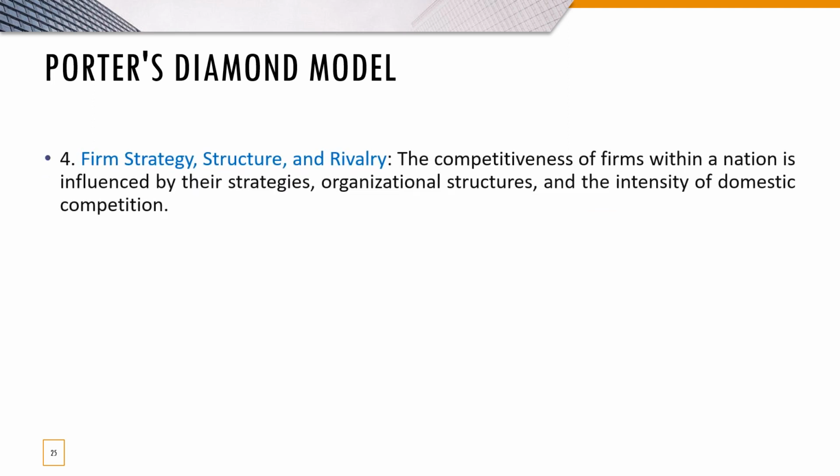Number four, firm strategy, structure, and rivalry. The competitiveness of firms within a nation is influenced by their strategic organizational structures and the intensity of domestic competition.